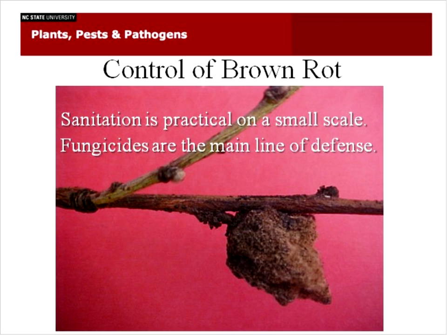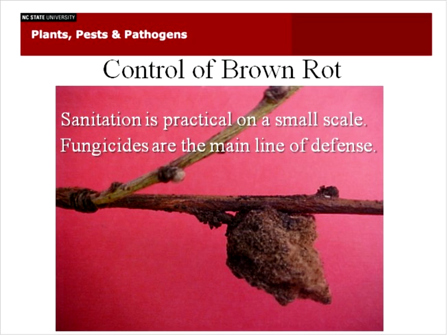Myclobutanil is a good choice for the homeowner, sold as Immunox, and I'm going to really leave most of the fungicide commentaries because there's a new revision of our home orchard disease and insect guide that will be coming out hopefully soon, that will have the detailed recommendations for insect and disease sprays.